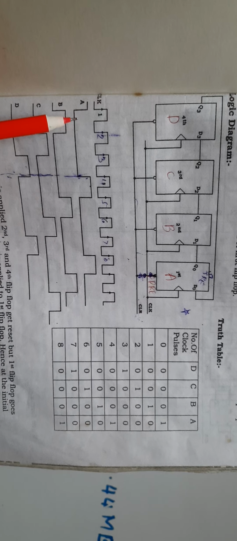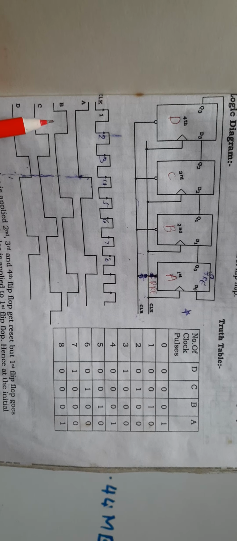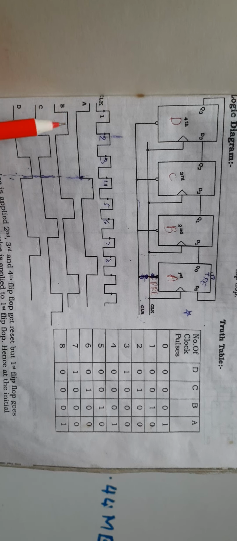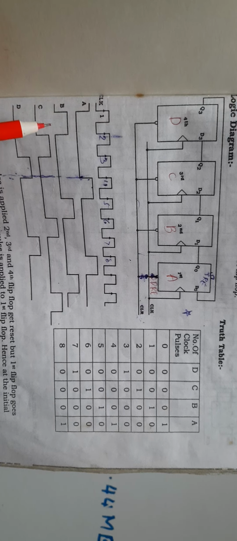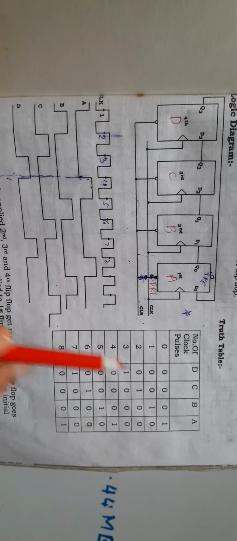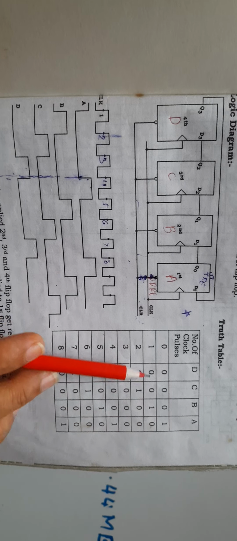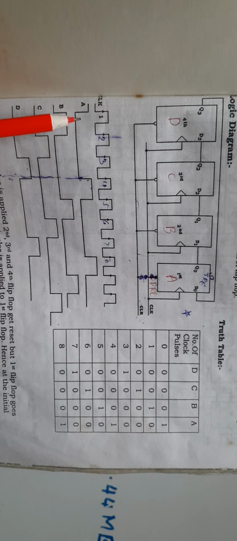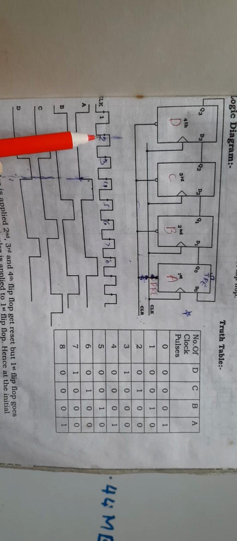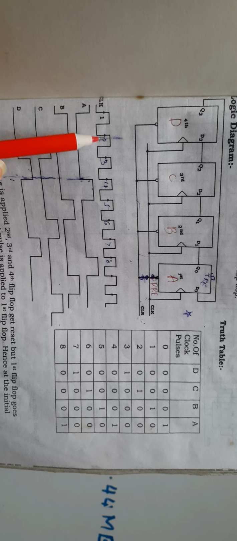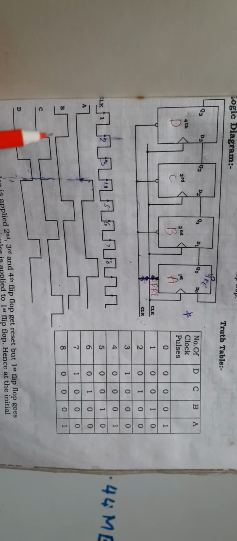See, the output of A will become 0, the output of B will become 1. So this A will come here. So 0, 1, 0, 0. Or if we read it from here, 0, 0, 1, 0.